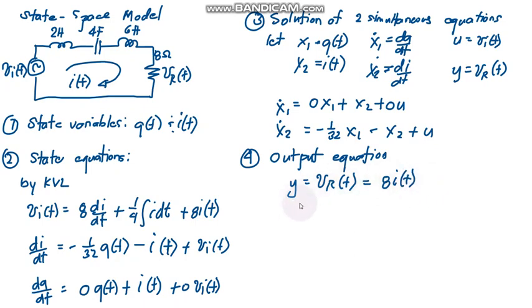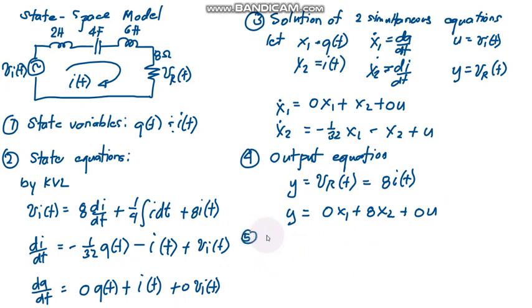So therefore, our output y is equal to, since I of t is equal to x2, 0 x1 plus 8 x2 plus 0 input u.